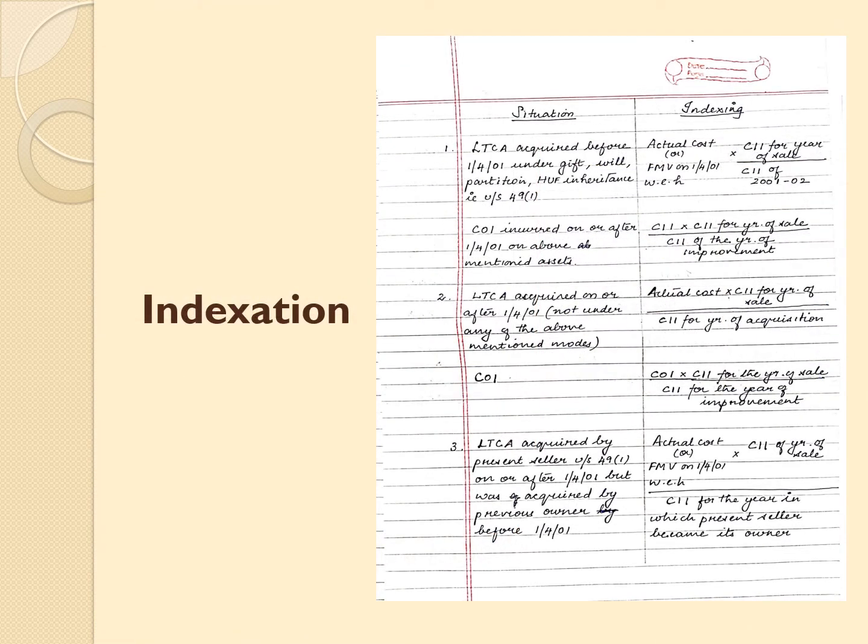In this slide, you will understand more about how to index the cost of acquisition and cost of improvement. You need to just apply the given formula based on the situation and calculate the indexation for cost of acquisition and cost of improvement.